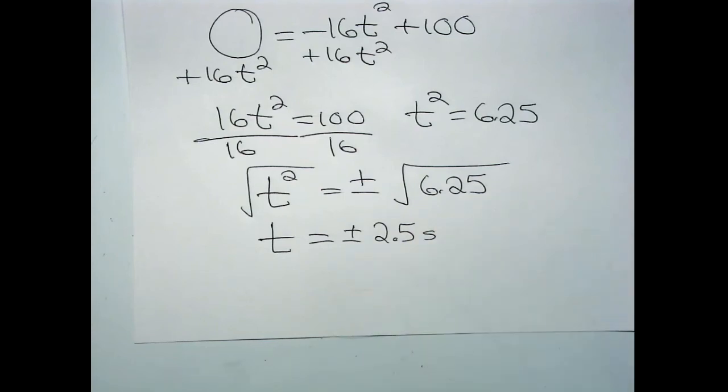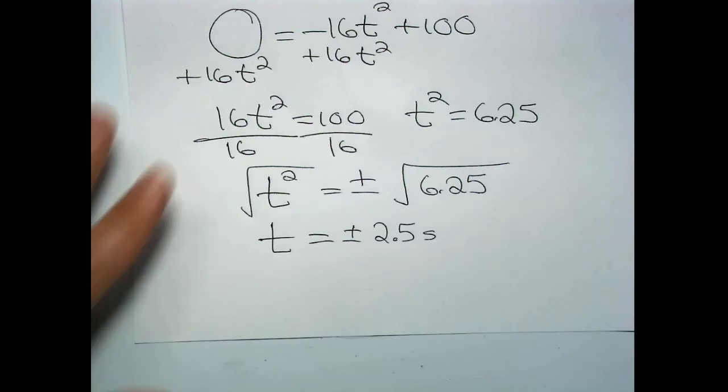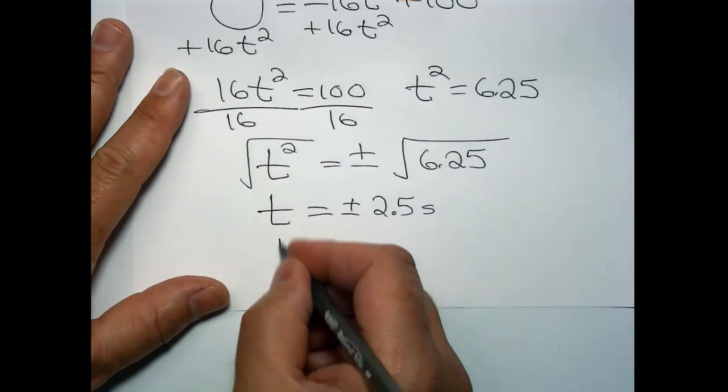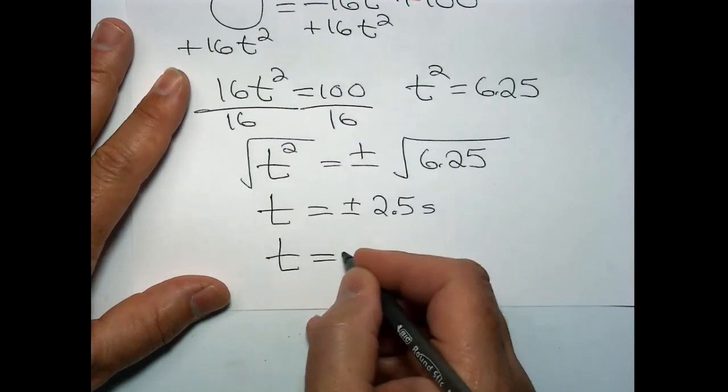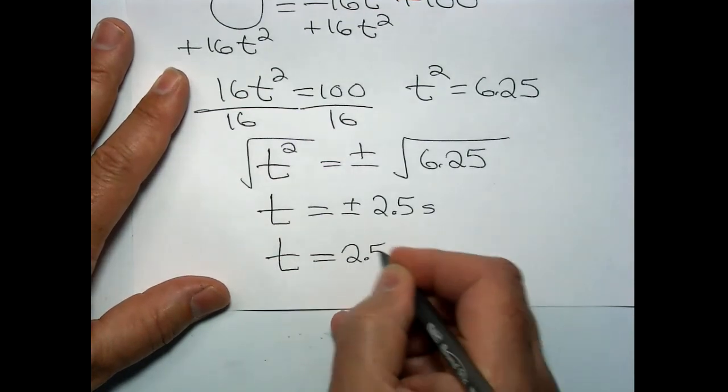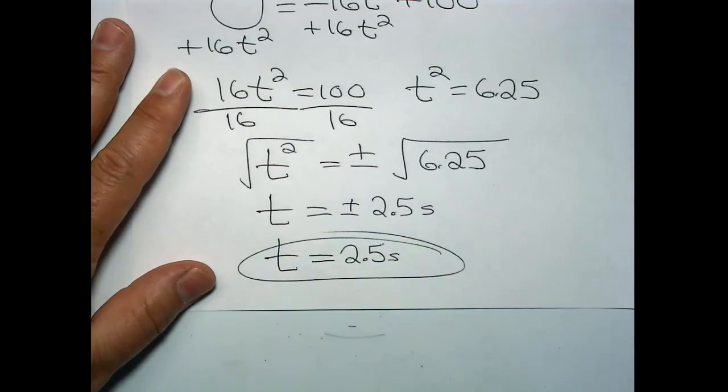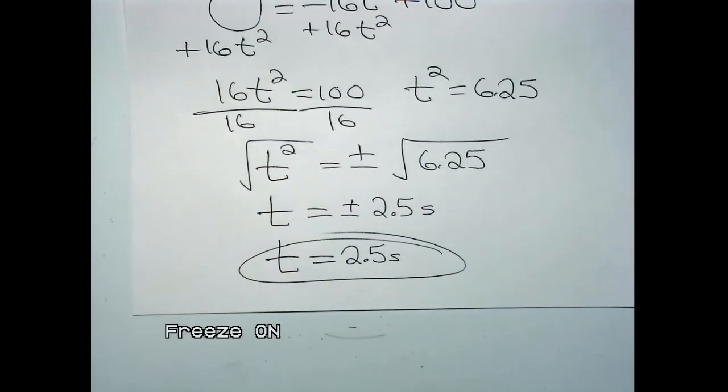This problem is in seconds. 2.5 seconds. Now, this is a real problem. There really doesn't make any sense to talk about a negative time. We're not able to travel backwards in time, so it's the positive one. It takes 2.5 seconds to hit the ground. So you'll notice that it did not take any calculus. It didn't take any limits to find the answer to that problem.